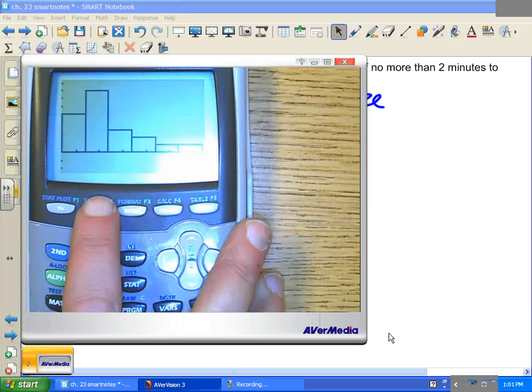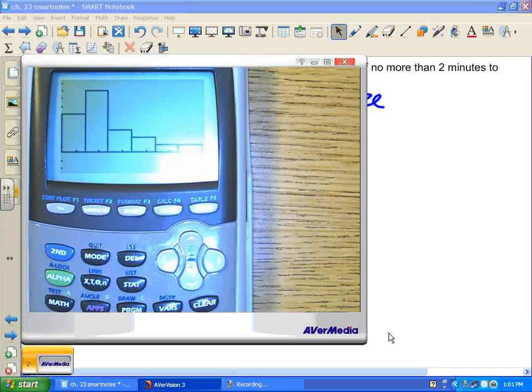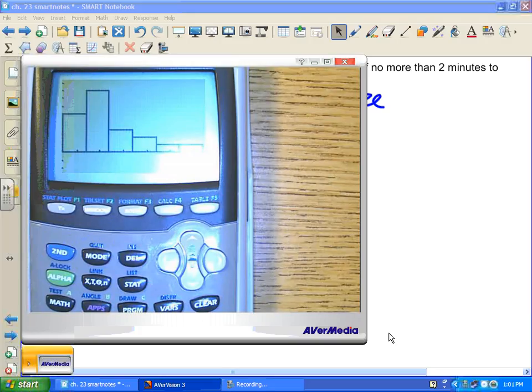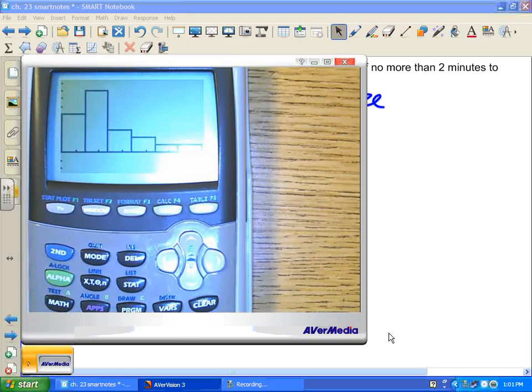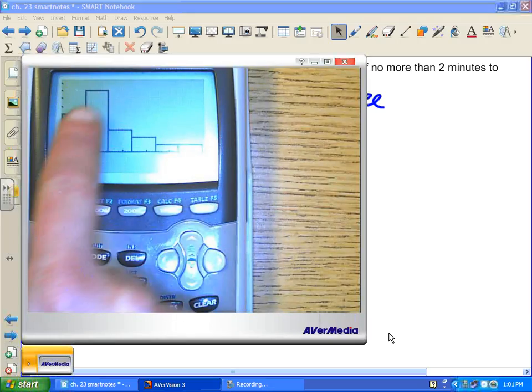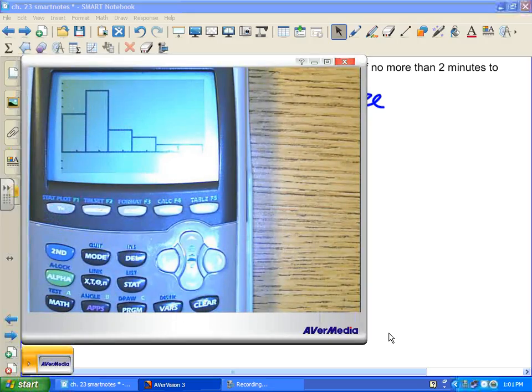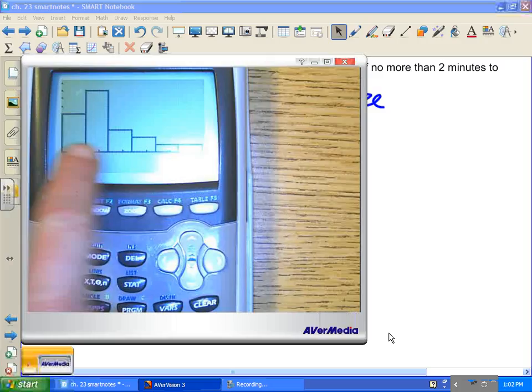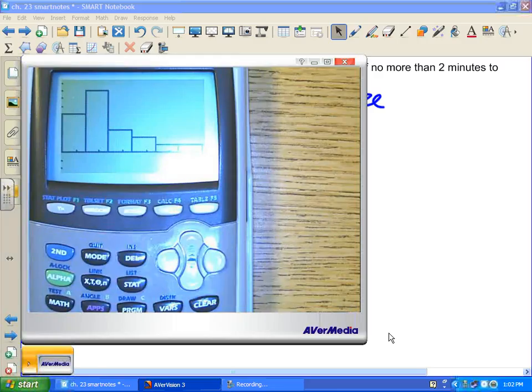If it's really skewed like that, is it unimodal, first of all? Yes. It is unimodal, so that's good. It's skewed which way? Right. So what does that mean? What happened when they were being timed? Well, it means most of them were right here, around the same number, but then there were a few that finished a lot slower than everybody else.